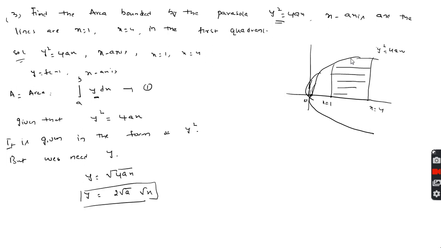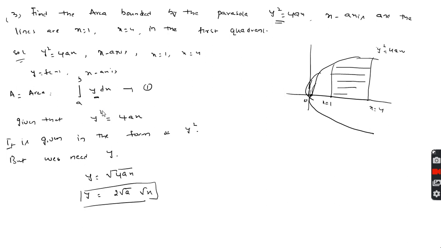Okay, so we have a form y square equal to f of x, and the x-axis. So the area is equal to the integral from a to b of y dx. Given that y square is equal to 4ax, it is given in the form of y square, but what we need is only y.